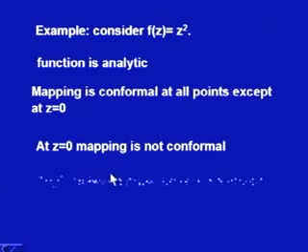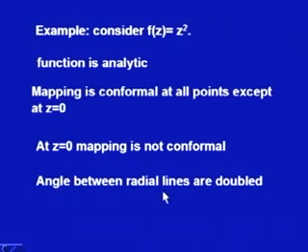In fact, at z equal to 0, when we draw two radial lines, the angle between them is doubled. This we have already seen in an example. So this function f(z) equal to z square, being analytic, is conformal except at z equal to 0.